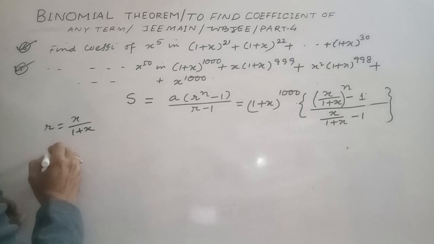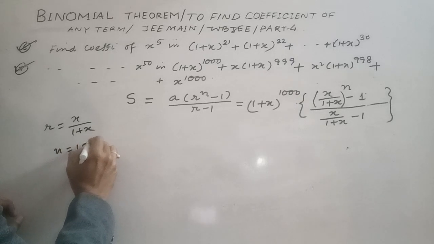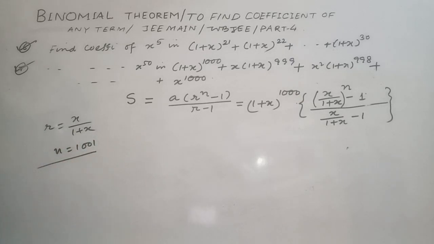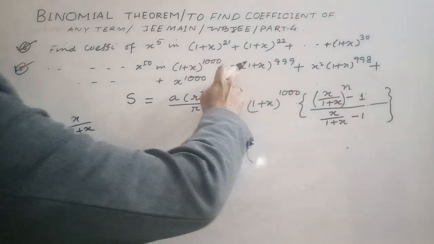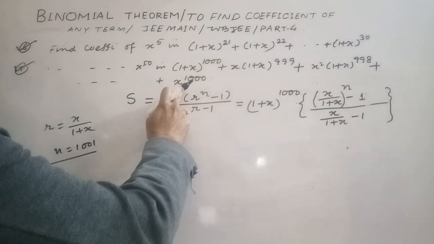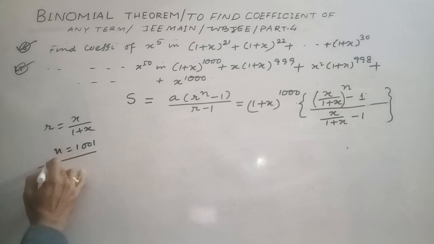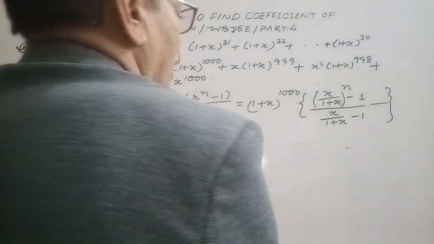N equals 1001. Look here also, x to the power 1000, that is 1000 terms, and here x to the power 0. So, N equals 1001. R is the common ratio.